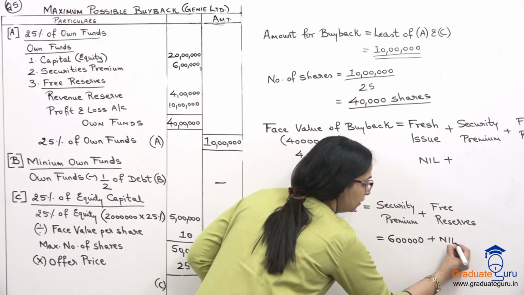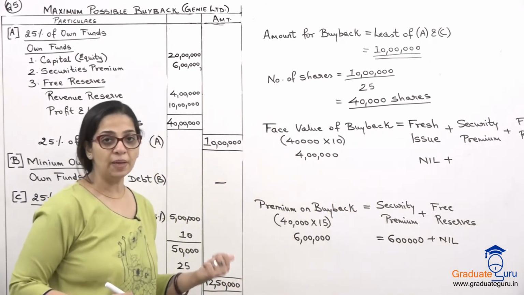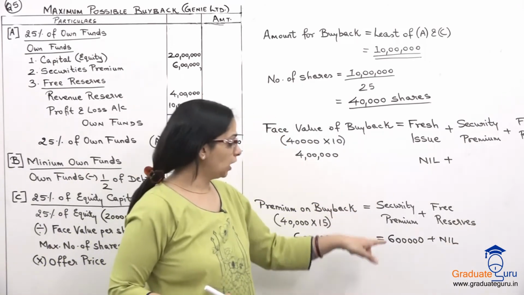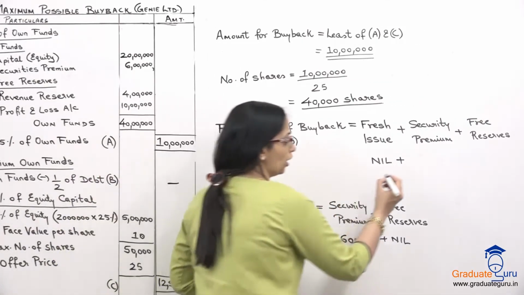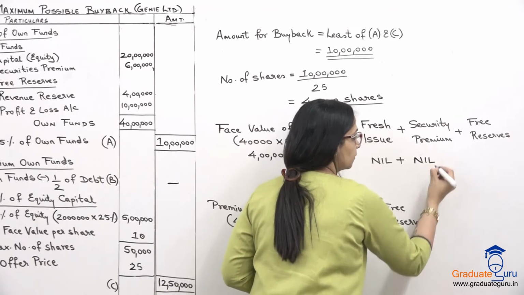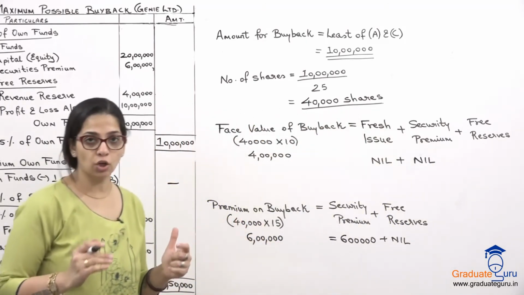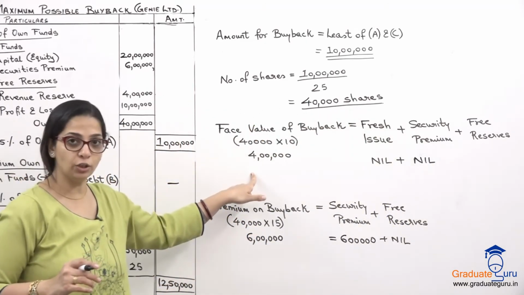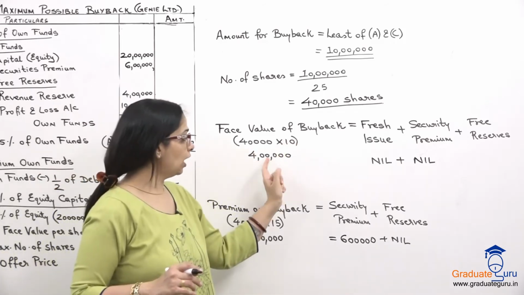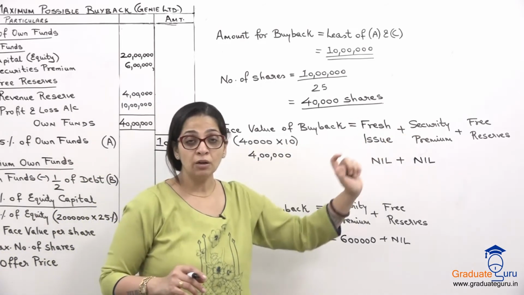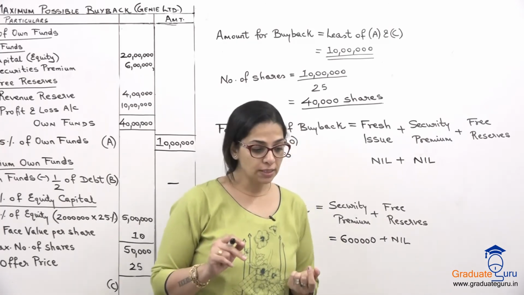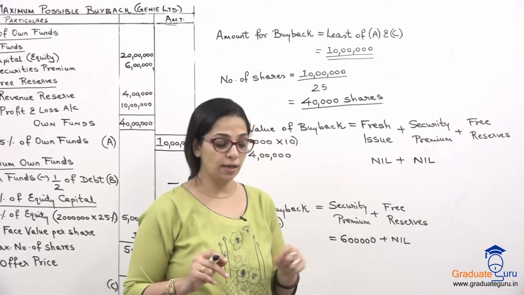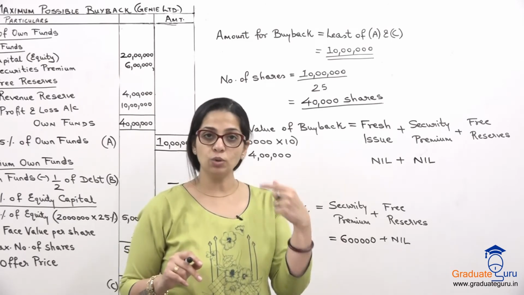I don't need free reserves for my premium. Okay. Now because I used up full 6 lakhs over here, यहाँ पर security premium 0 हो गया. I don't have any balance in security premium to use for face value. So I will have to use the full amount of 4 lakh from free reserves. Free reserves हमारे पास दो हैं. Revenue reserve है और profit and loss है. Revenue reserve we generally use first.